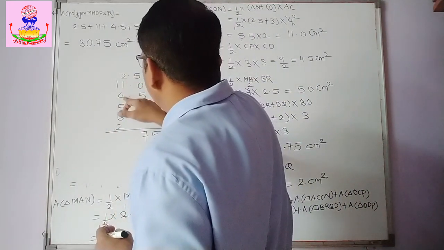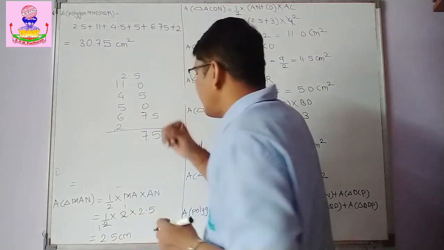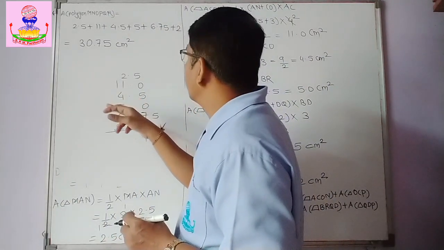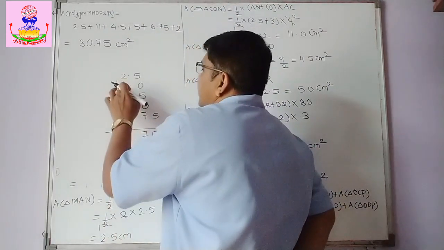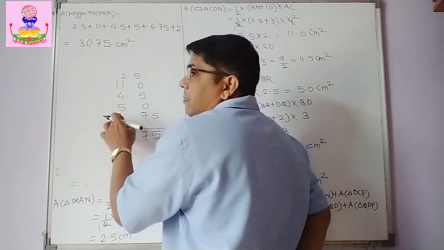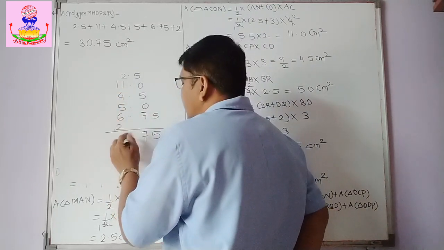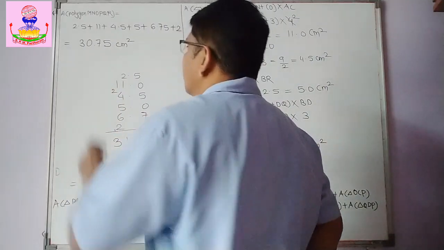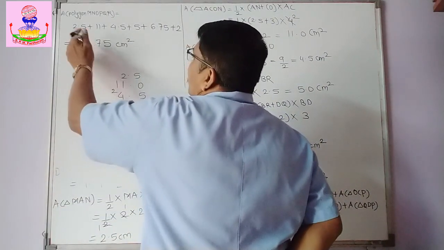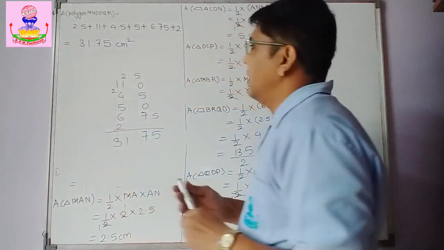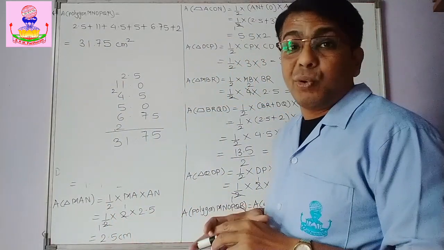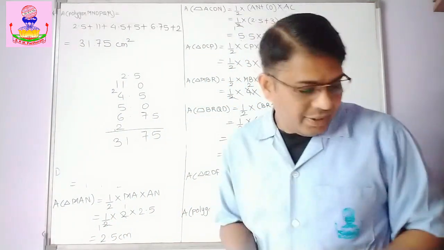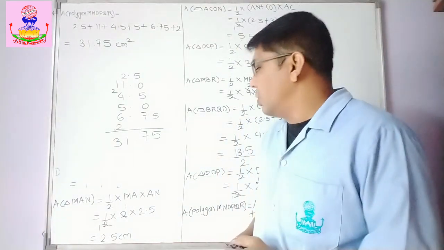Oh yes, 31 it is. So 31.75 centimeter square. You can check the answer again, verify it.